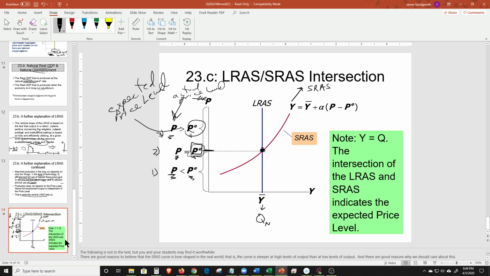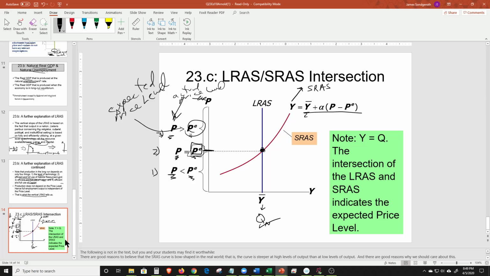Now for businesses, if the actual price level is below the expected price level, this equation will explain it. So here is the natural level right here, and the equation is y hat plus alpha, some constant, times P minus the expected price level.